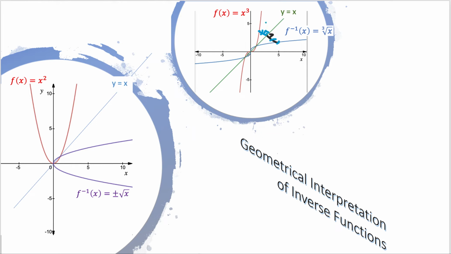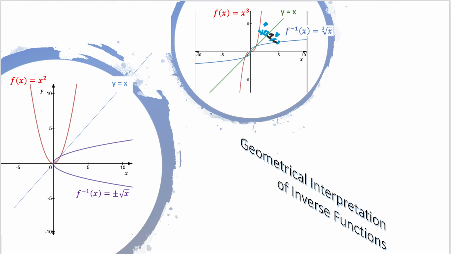So these two segments are equal. Not just these two segments, but any two points. If we draw a segment perpendicular to the line y equals x, it is going to be equal on both sides, because the graphs are symmetric with respect to y equals x.